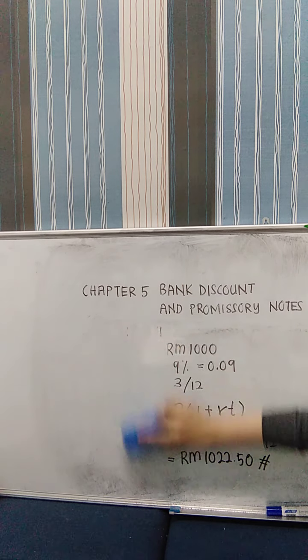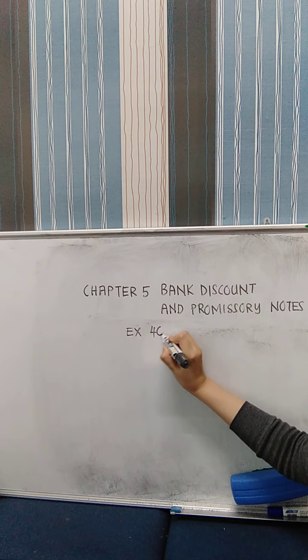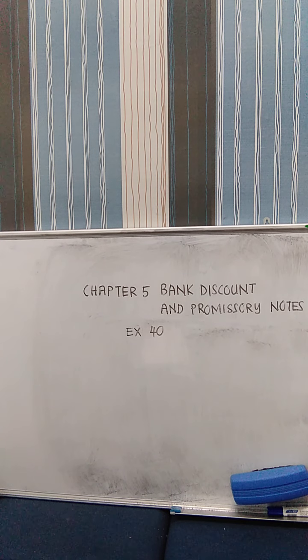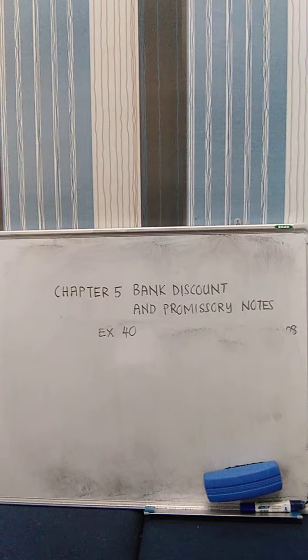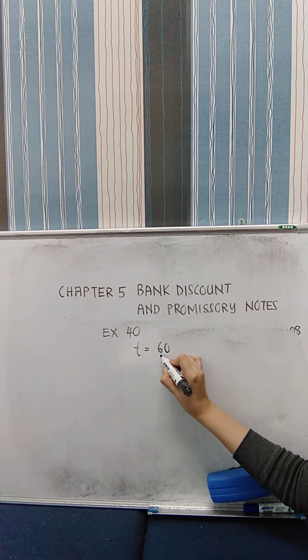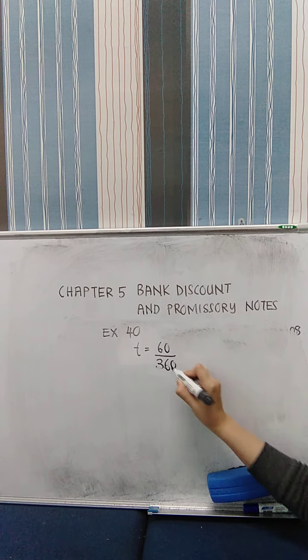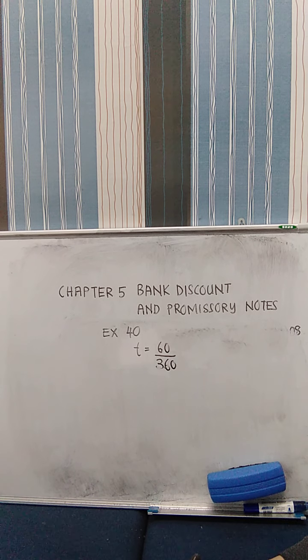Next, we continue to example 40. The maturity value of a 60-day interest promissory note is 450. 60 days means T is given as 60. Because T must be in years, 60 must be divided by 360.